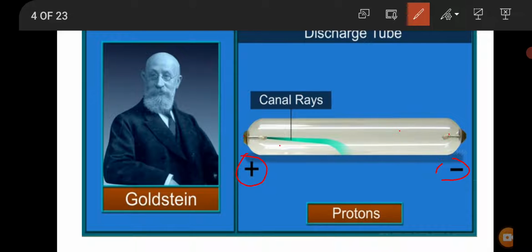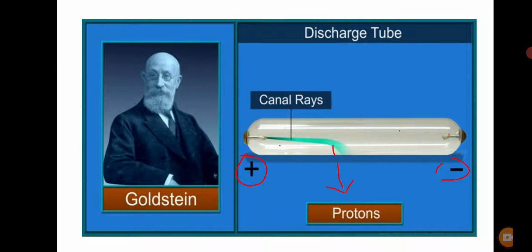Since these rays were emitted from the positively charged electrode and moving towards the negative charge, he concluded that these canal rays contain positively charged particles, and these were called protons. The mass of proton is around 2000 times the mass of electron, and its charge is +1 unit. So in this way the proton was discovered.